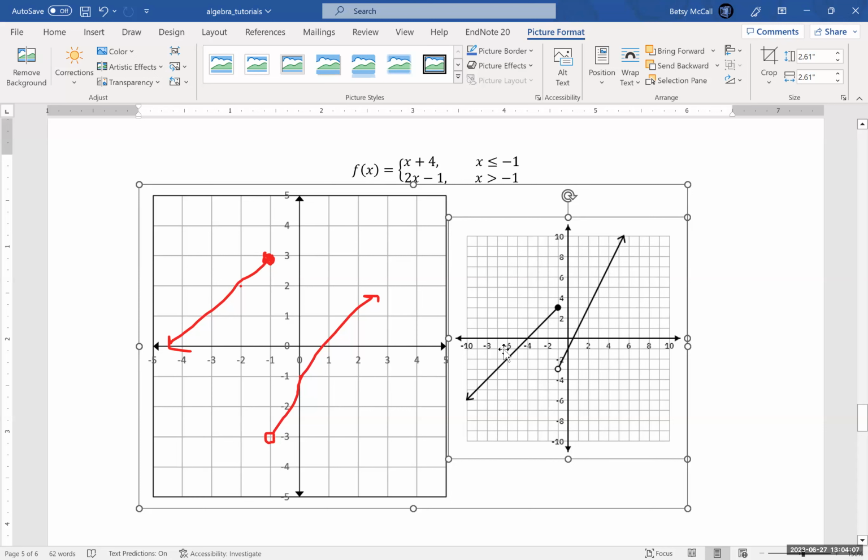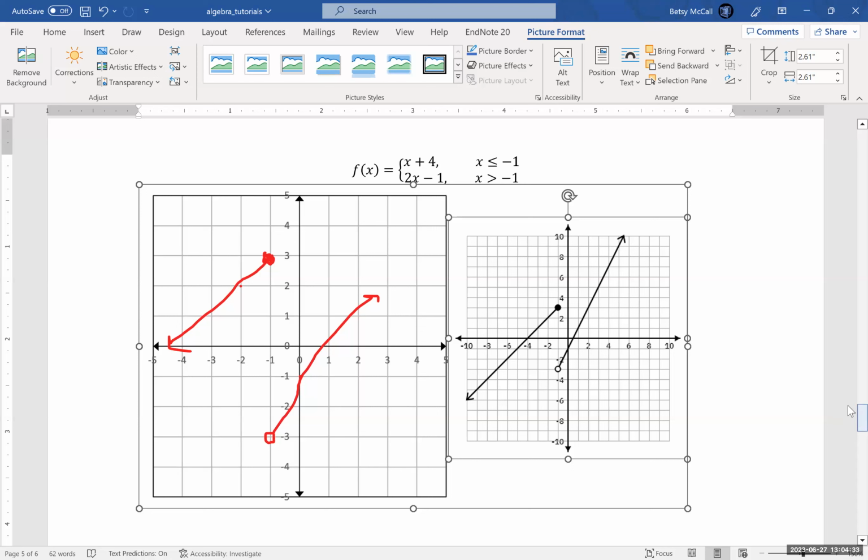The circle is closed in. Our straight line goes out down to the left. And then I have an open circle here at x equals -1. And then my straight line goes off at a different slope through the point x equals 0, y equals -1.